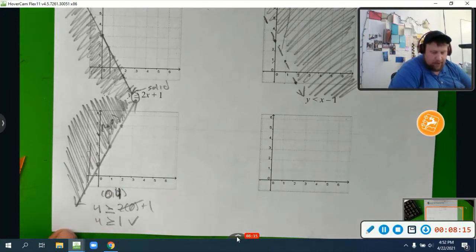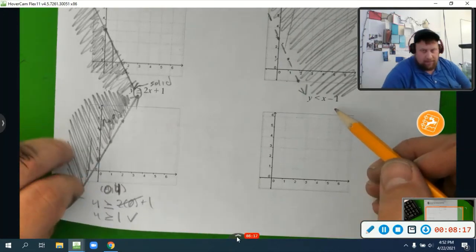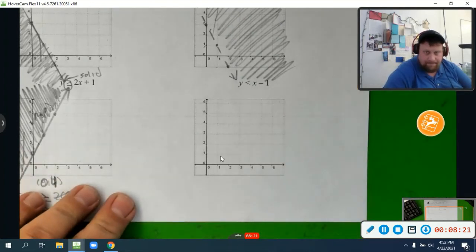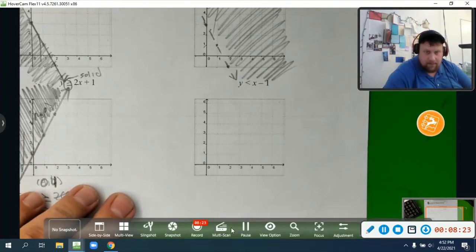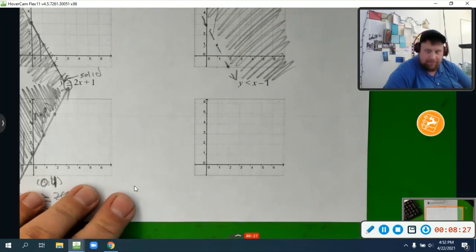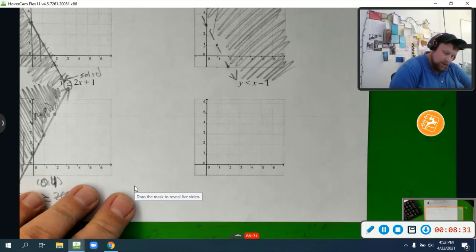All right. Let's go ahead and do our last one here. Again, I'm going to pause it. Go ahead, take a minute, graph it. y is less than x minus 1. Make sure you identify what kind of a line you are going to use. What number's in front of the x, even though we don't see it?